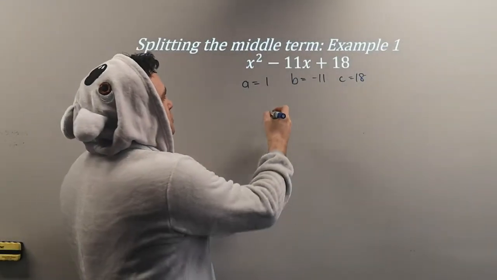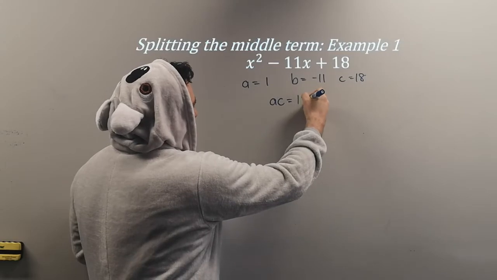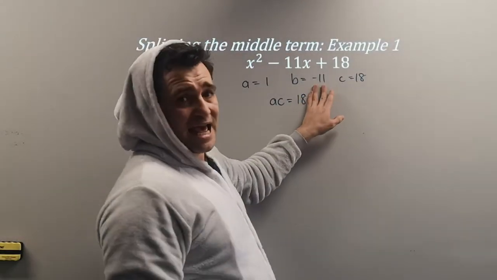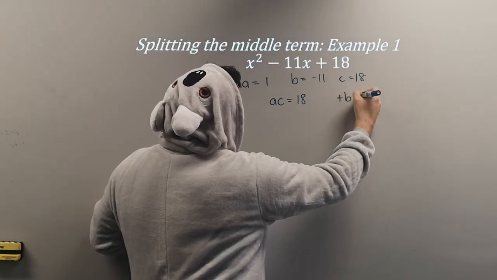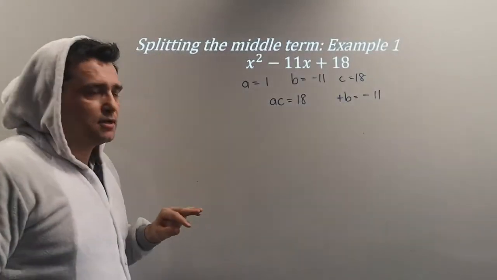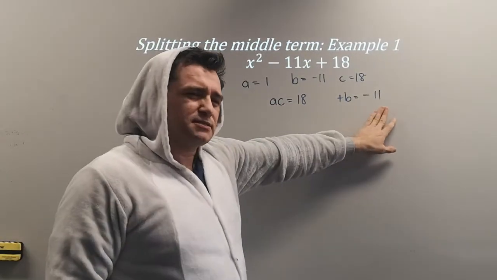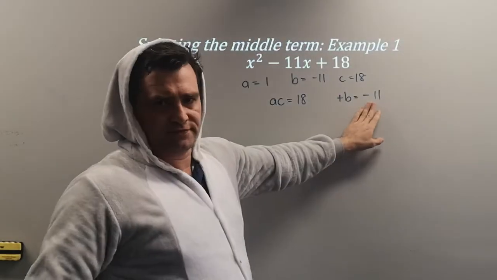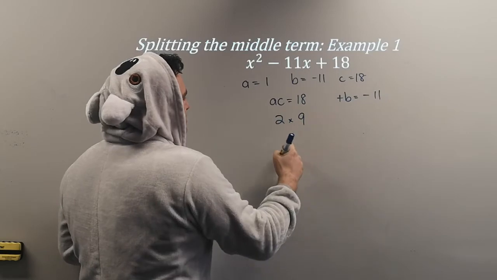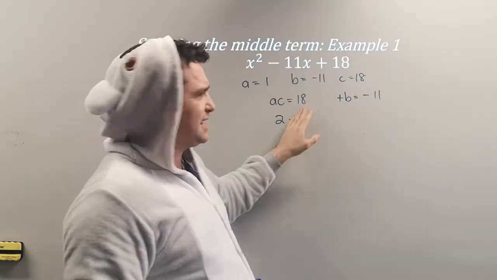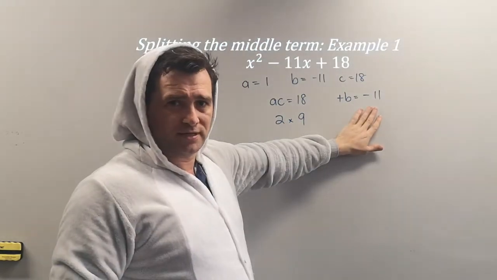I'm looking for ac, so 1 times 18 is 18, and we've got to add to minus 11. Notice we've got the same number here, 11, but it's negative. We know that 2 times 9 equals 18, but when I add 2 and 9 together, I get positive 11.